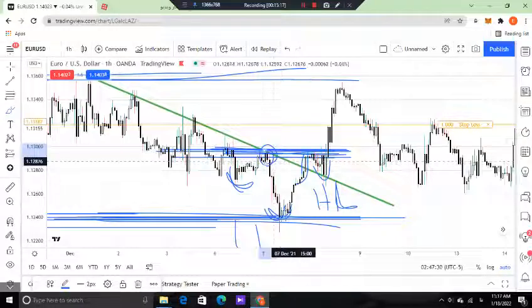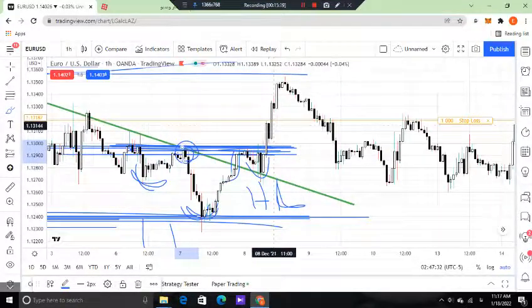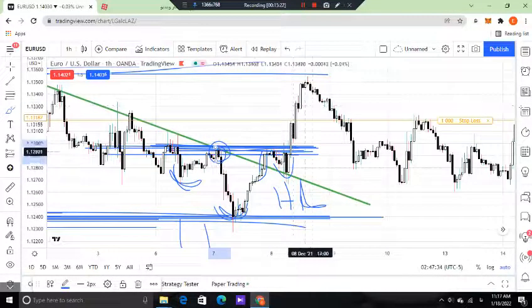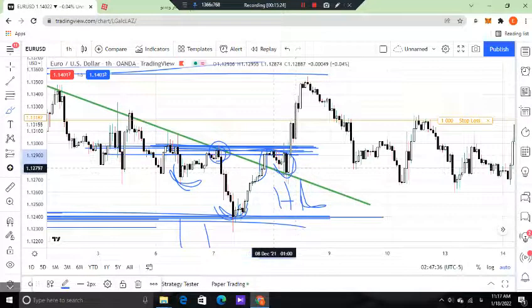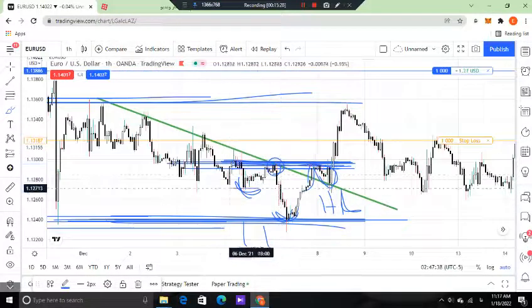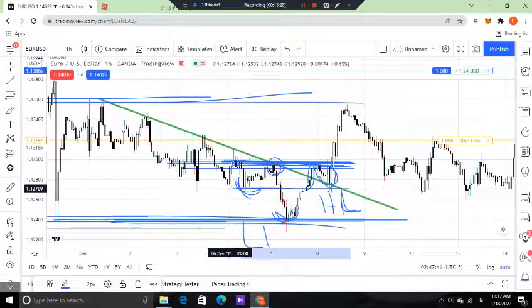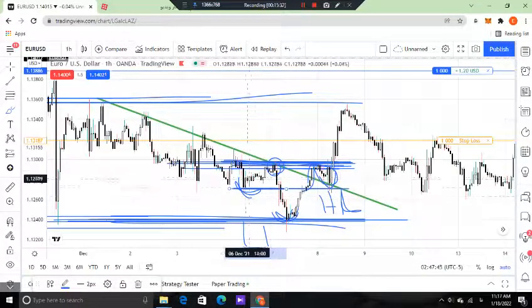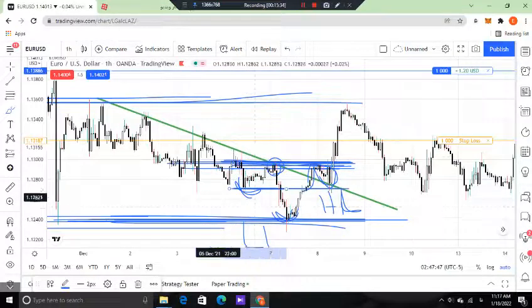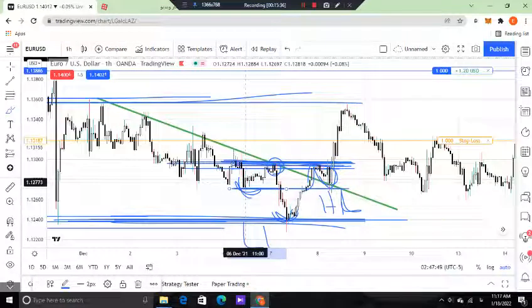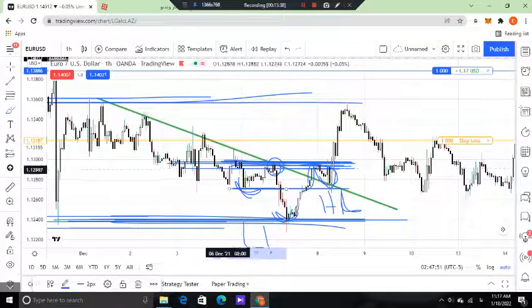It didn't make it to cross this, so we have this pullback, and this pullback is at this level, where this left shoulder stopped and reversed.